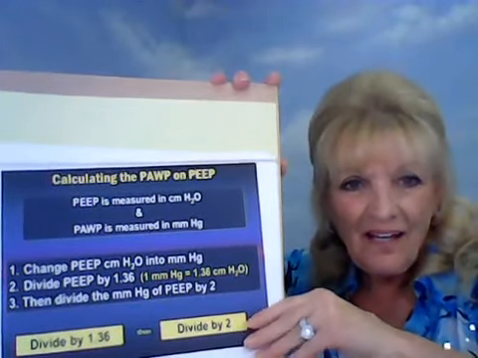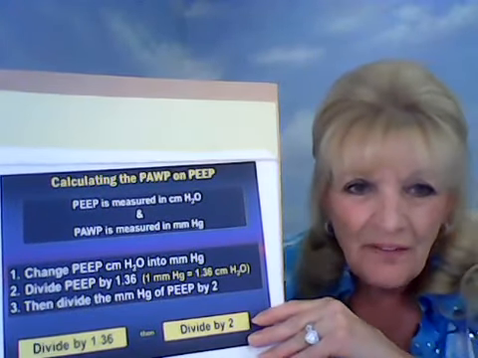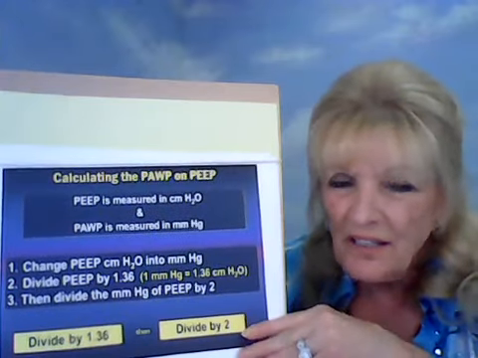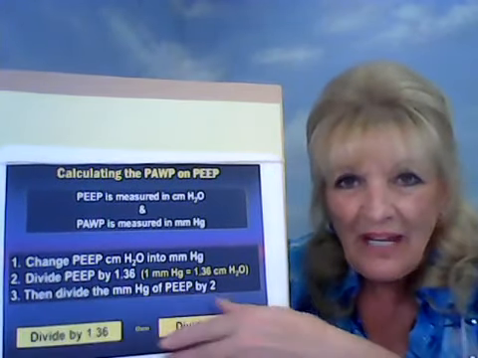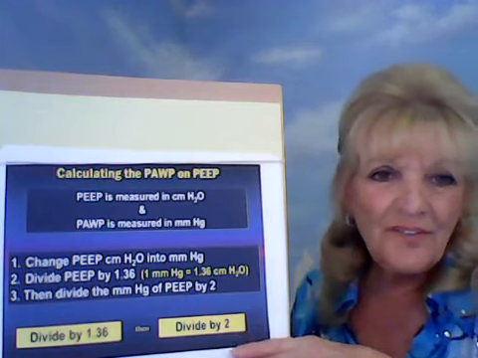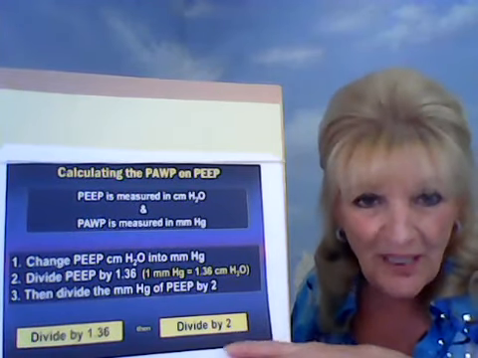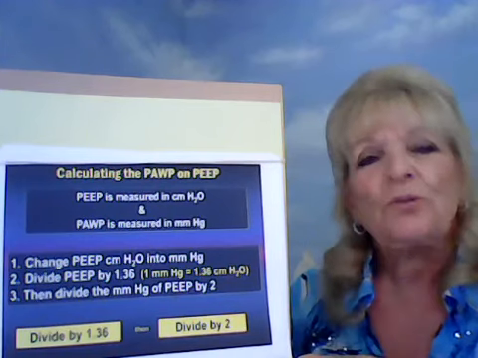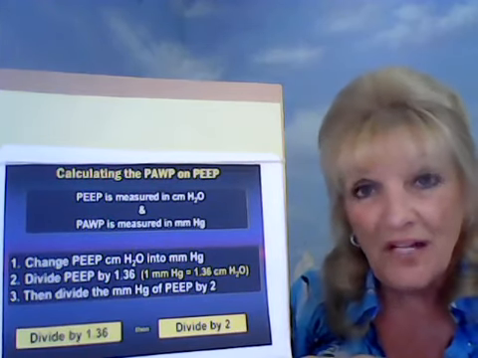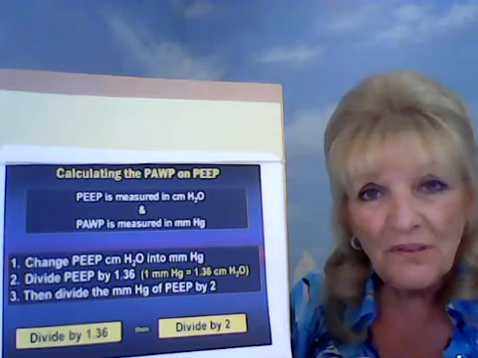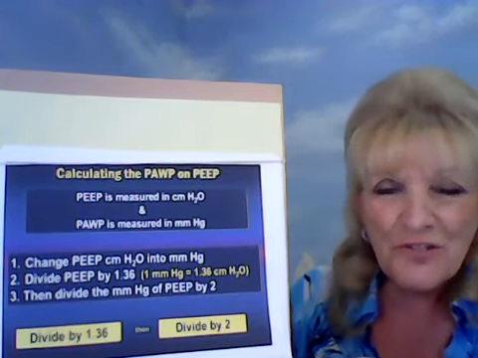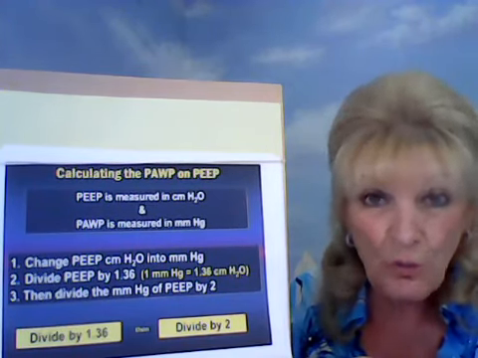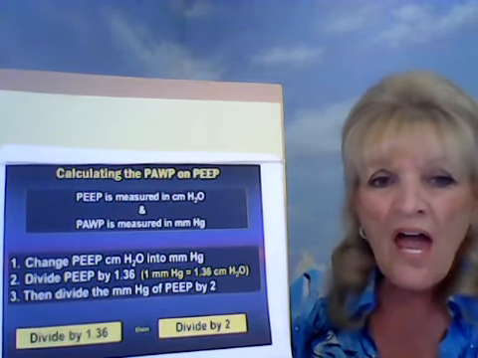All righty. So, PEEP is measured in centimeters of water, and the wedge is measured in millimeters of mercury. So in order to get an accurate reading, you have to change the PEEP, which is centimeters of water, into millimeters of mercury. And how you do that is you use a very simple equation.